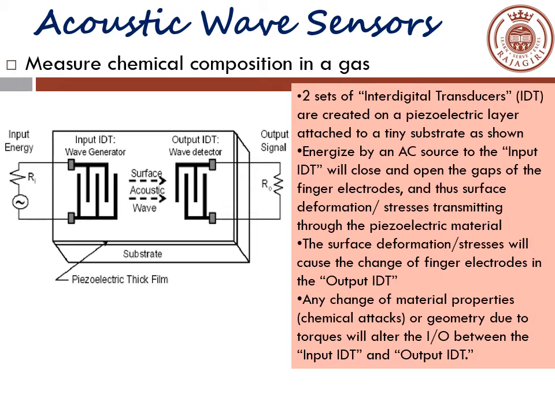Normally the IDT is energized by the AC source and the corresponding output is generated. Now, due to the chemical attack or some other reasons, the material property of the sensor changes, and that will cause a variation in the output signal. That gives you the amount of chemical composition in a gas. That's how the acoustic wave sensor works.